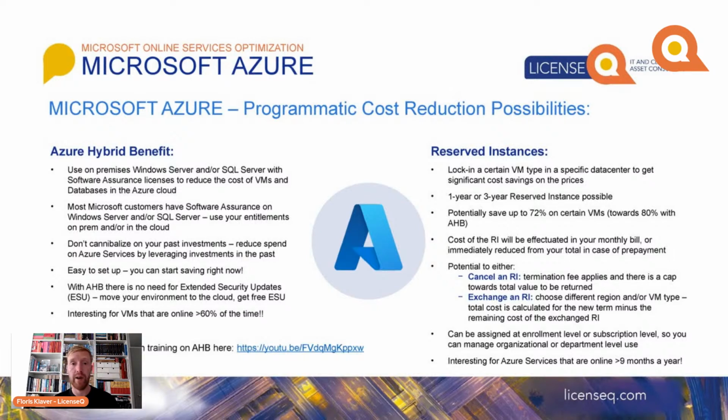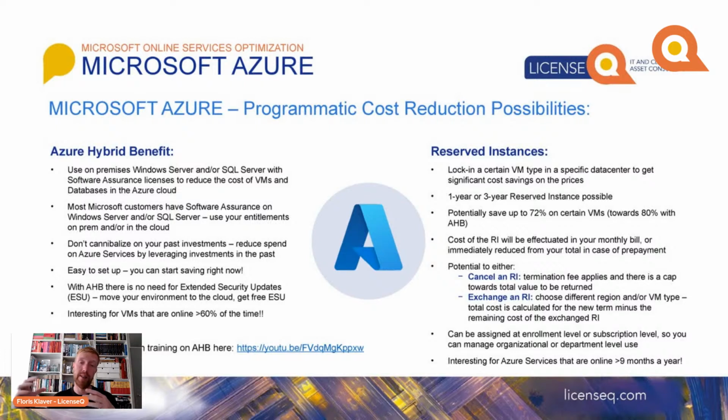And exchange is where you just give back the reserved instances that you've done, and you can use the remaining value of that reserved instance to buy new reserved instances. So in the case you do decide to sign up for a 3-year reserved instance, and halfway through you might find that there's a cheaper VM, a new version of that VM, or you want to switch to a different VM type, you would hit the exchange button.